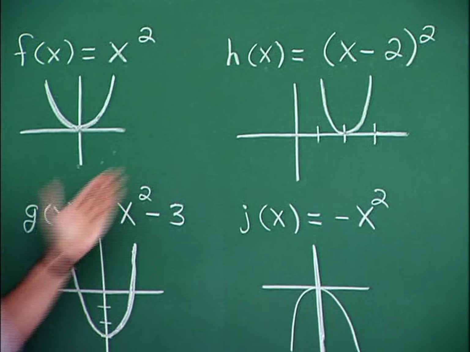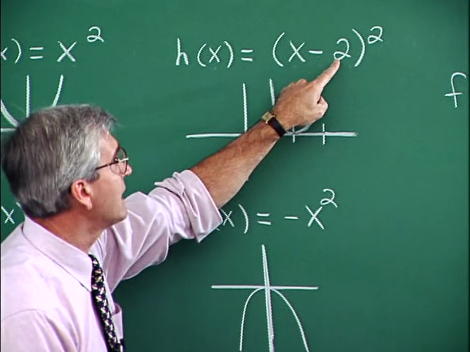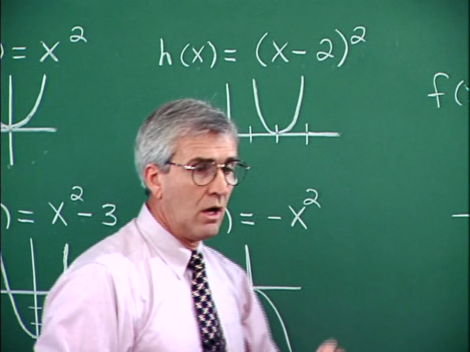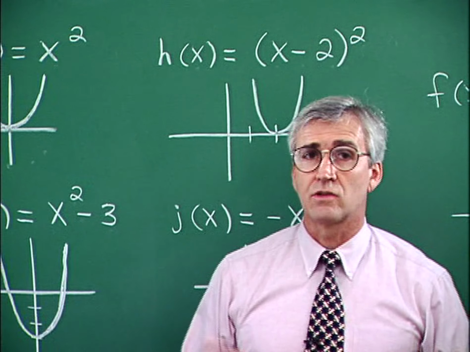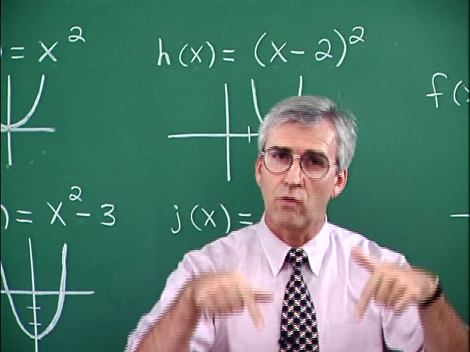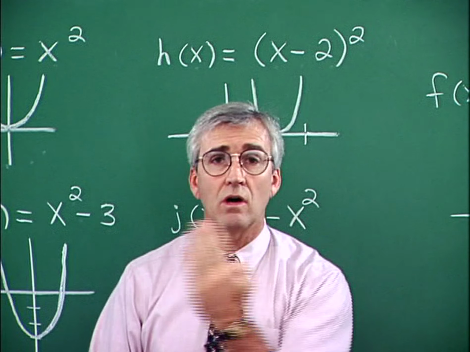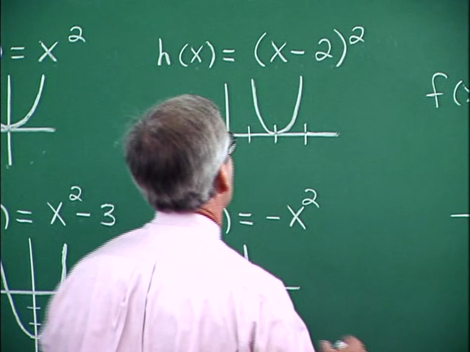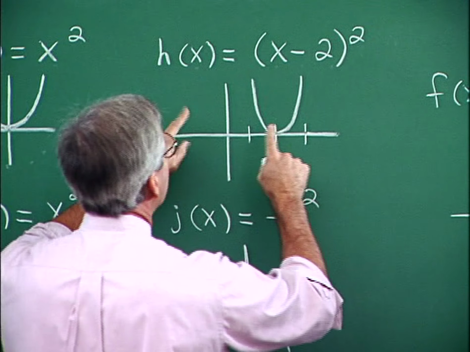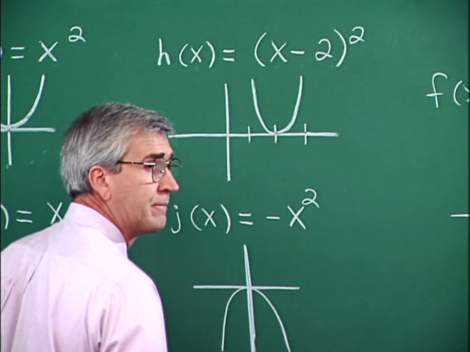You get the idea. All right, over here, we are subtracting 2 before applying that prevailing operation of squaring. So we're subtracting 2 before the squaring takes place, and that's what causes the shift left or right. And notice that the shift is in a direction that we don't expect.